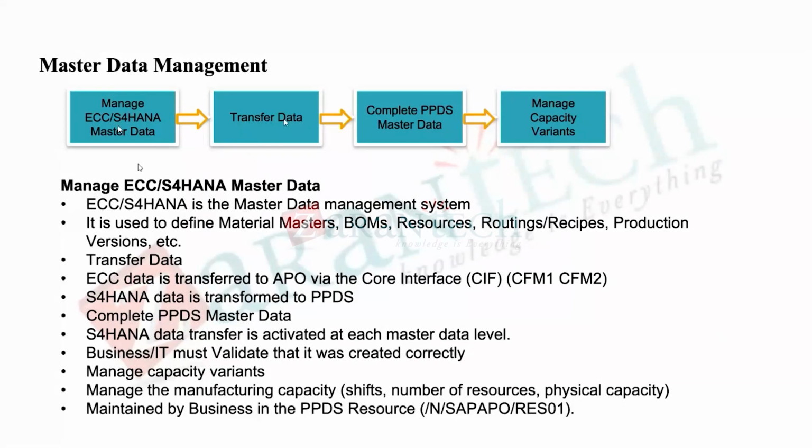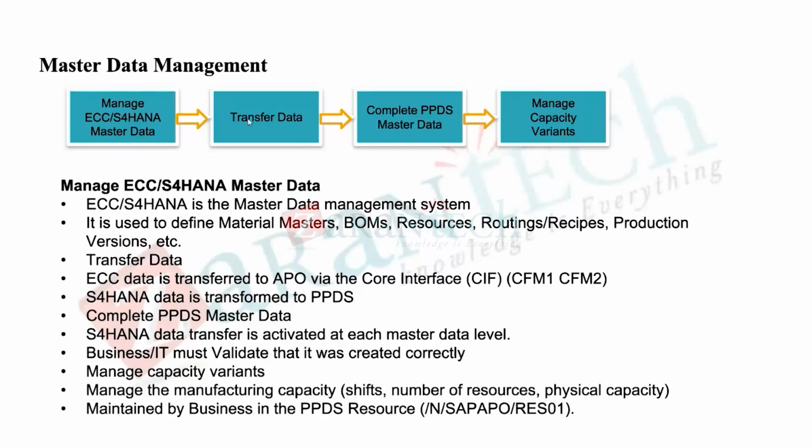Correct. If it is S4HANA to PPDS, then technically you do not do the transfer because it is available in the same system. So you just flag or enable any master data, saying yes, this master data is for PPDS also. This is a basic difference of the integrations.